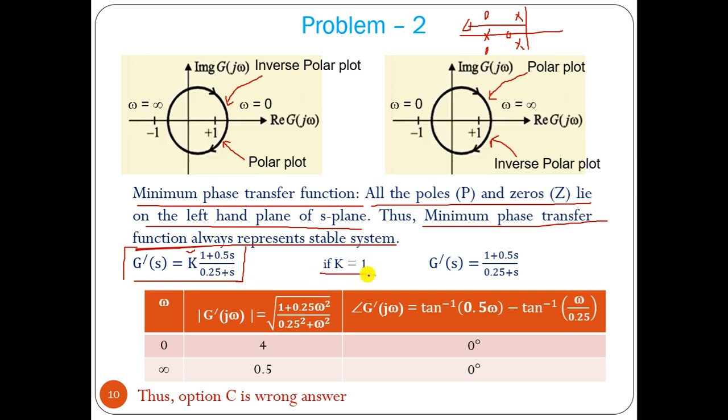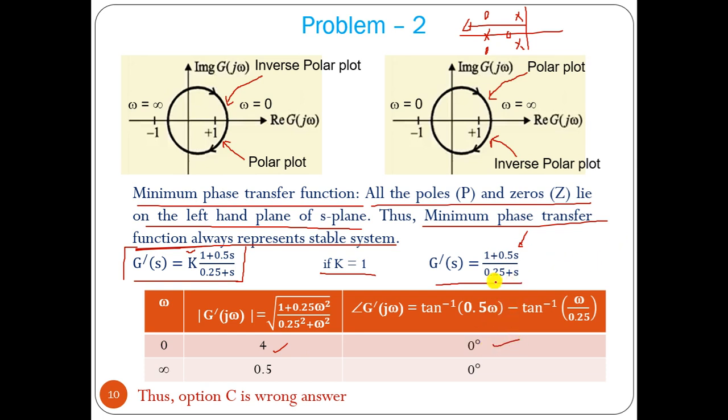Now if we put K equal to 1, this is the transfer function. Now put s equal to j omega, find the magnitude, and put omega equal to 0. Then s becomes 0, so the magnitude is 1 by 0.25, this should be 1, and the angle is tan inverse 0 minus tan inverse 0, so it will be 0 degree.